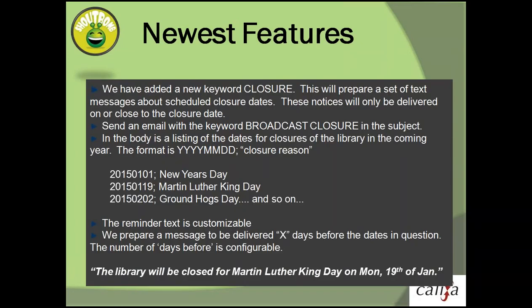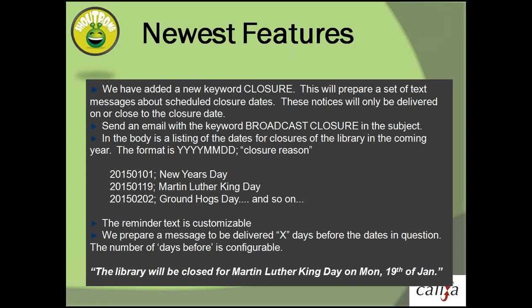Wanted to mention some of the new features since starting this year. This is the ability to send closure messages, meaning that during the year the libraries or their branches are closed on specific holidays. You could outline those in one message to us.